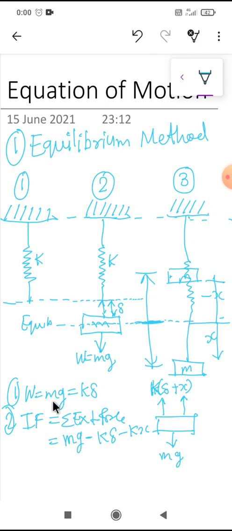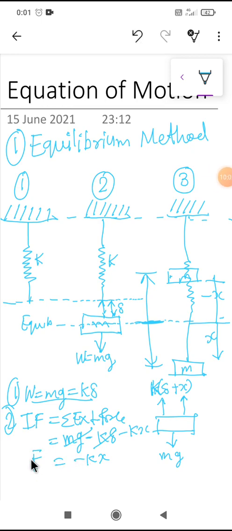As we know from the first equation, mg is equal to k delta, so the inertia force will be minus kx. Now what is the formula for the force from Newton's law? F is equal to ma.